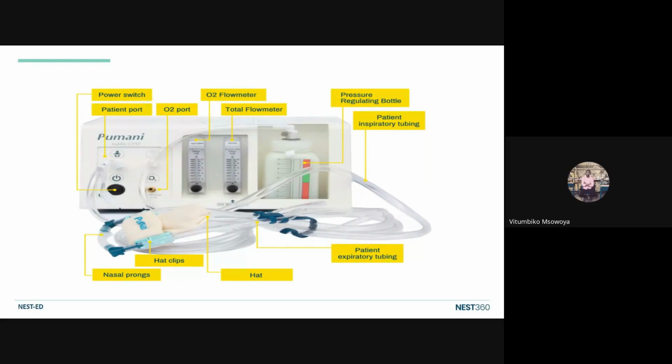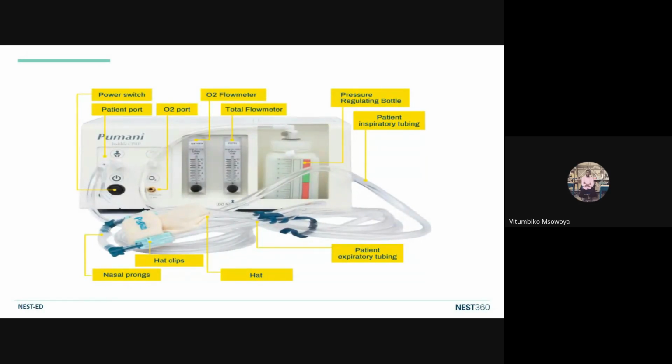And here we have the O2 port, where we source oxygen from external sources. It might be an oxygen concentrator, or piped oxygen from the wall. We also have an oxygen flow meter here, and a total flow meter. And here we have the bottle, the pressure regulator bottle. We'll appreciate the pressure regulating bottle in the next slide.